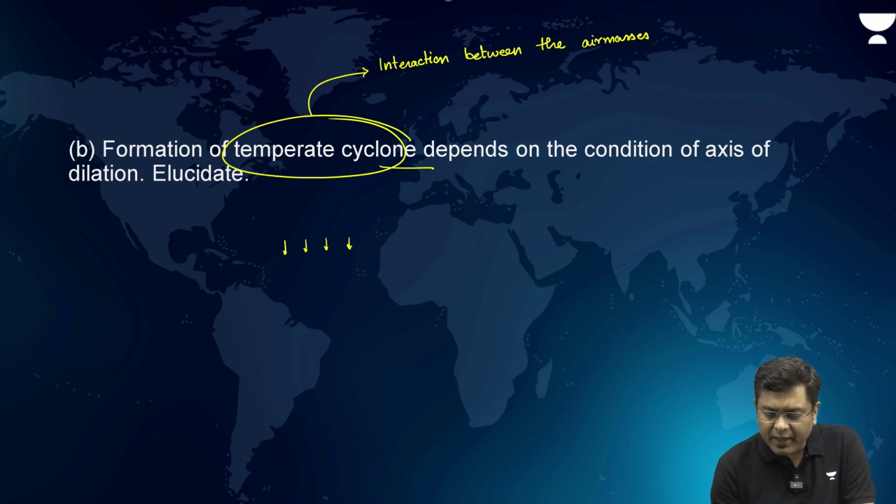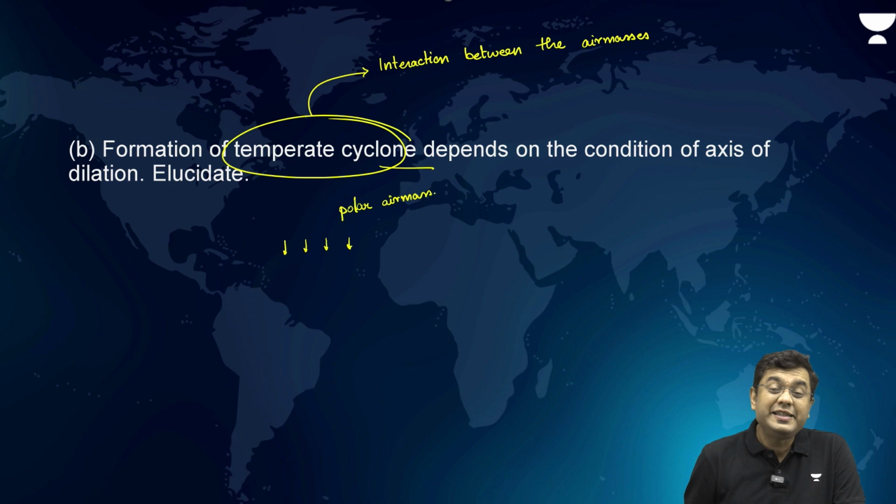Let us suppose we consider the polar air mass. And then in the region of mid latitude, you also have the tropical air mass, continental air mass, maritime air mass. Now, they end up moving in the other direction.